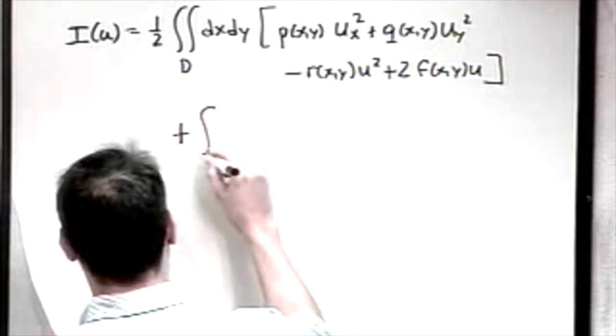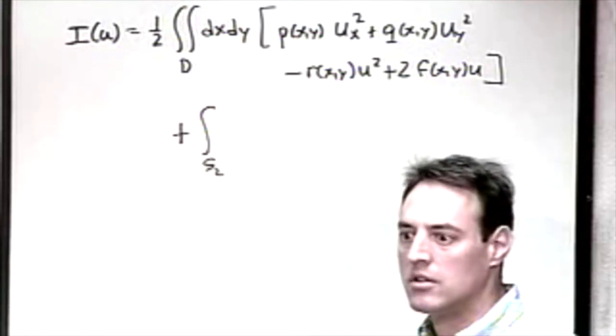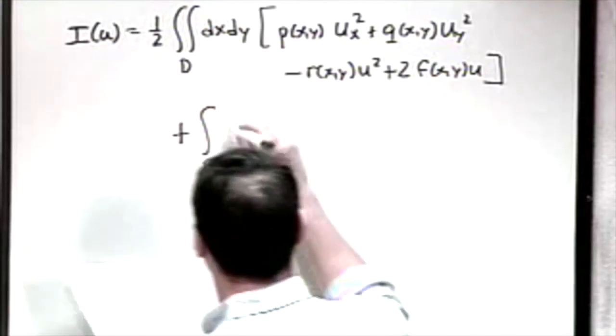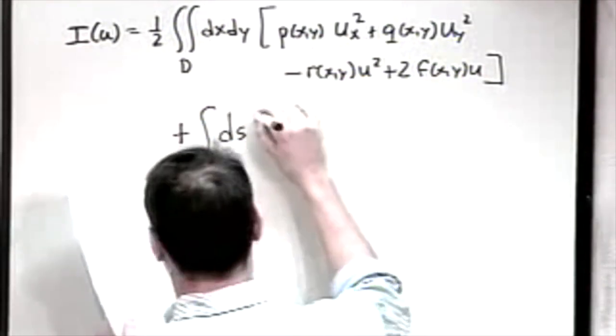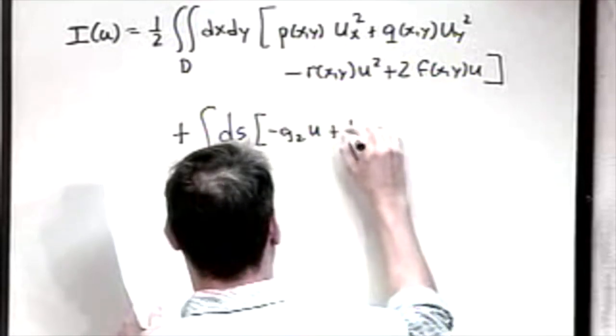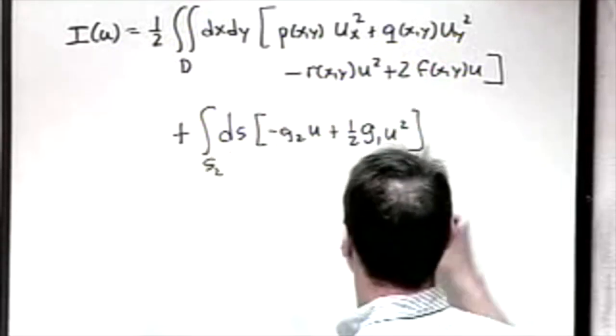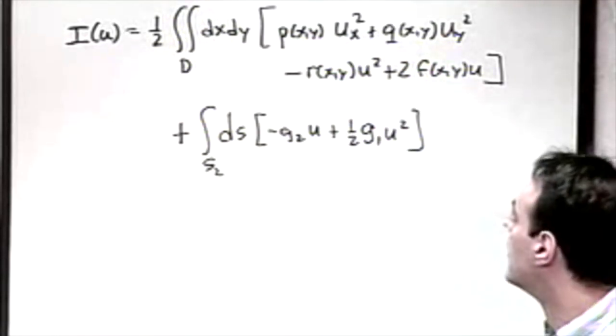Plus, you have your boundary term, and for now, let's just consider the second boundary, S2, which is on the surface, and it is negative G2 u plus 1/2 G1 u squared. Okay, that's your I of u.